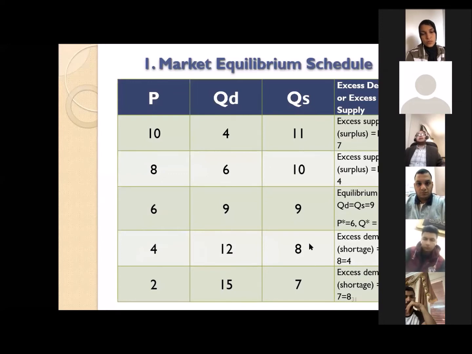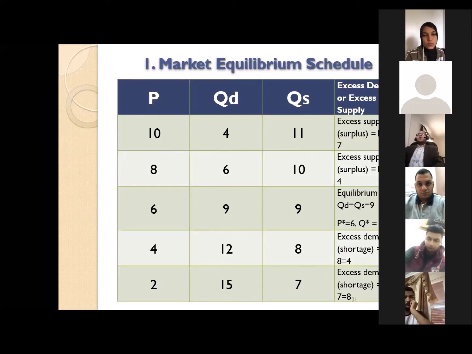At the same time, when the seller feels the price is good, they raise the quantity supplied. So at price 6, quantity demanded equals quantity supplied. So in this case, we don't have a surplus, and we don't have a shortage. This is the equilibrium situation.